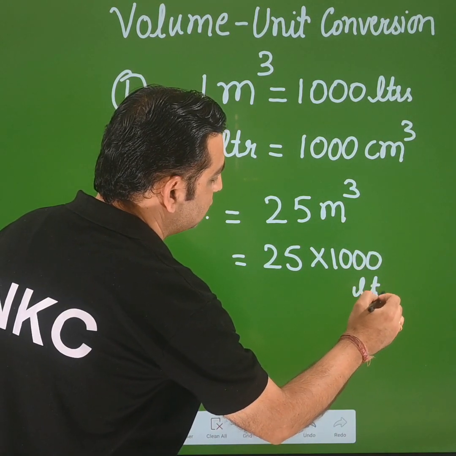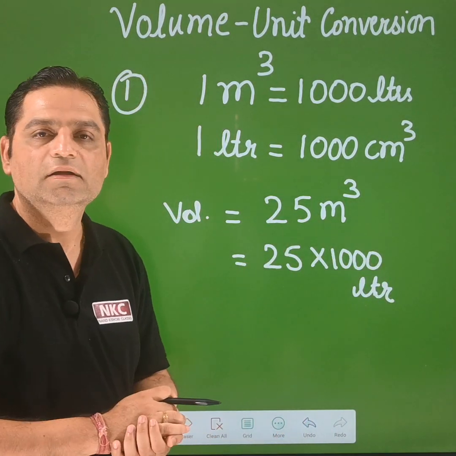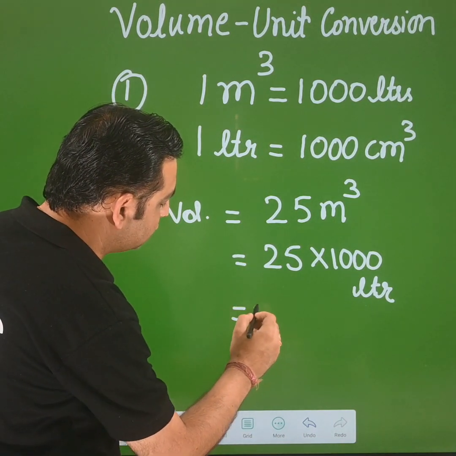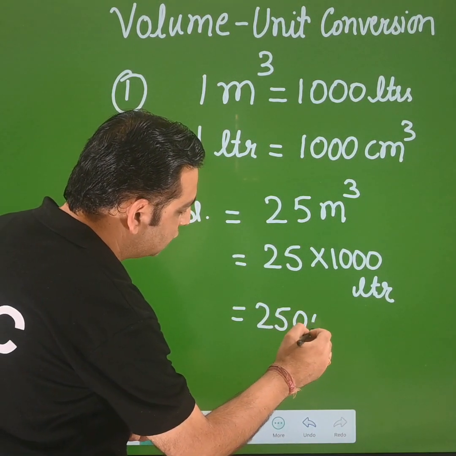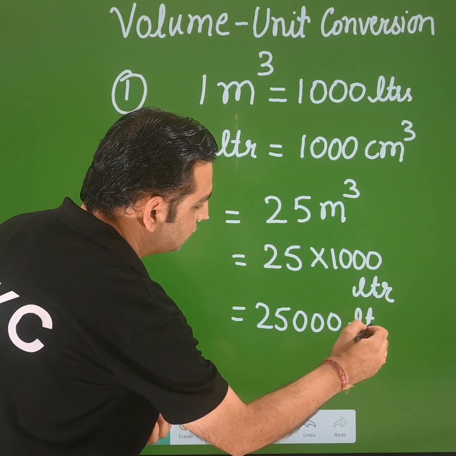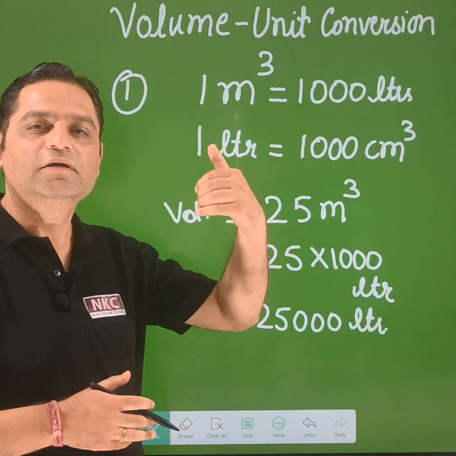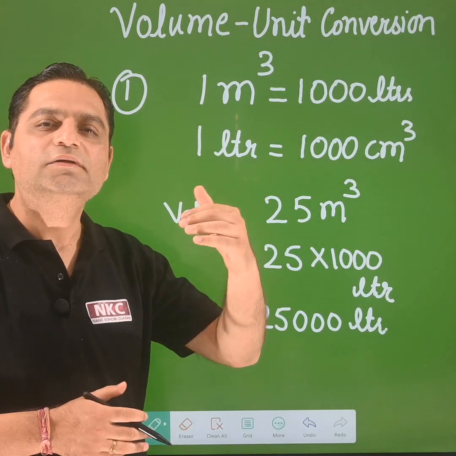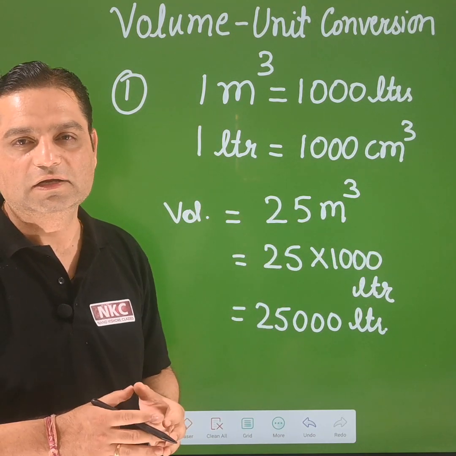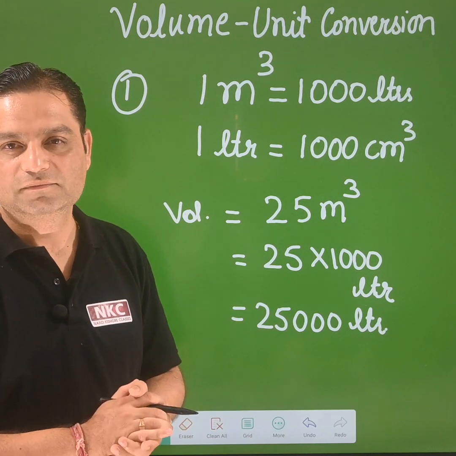It will be converted into liters. That means 25 meter cube is 25,000 liters. That's the first point. Very simple one. If you have the answer in meter cube, just multiply with 1000. It will be converted into liters.